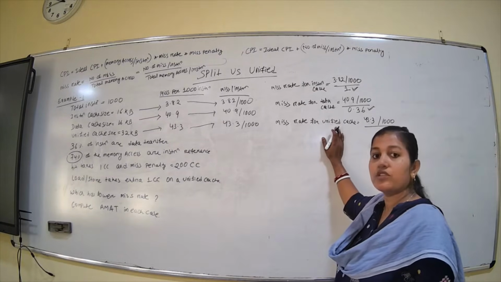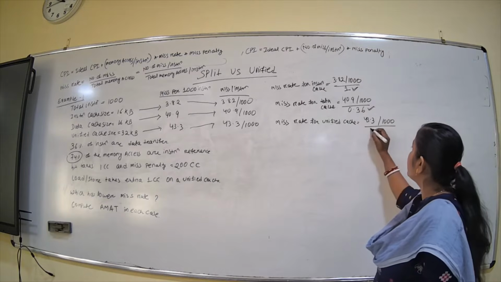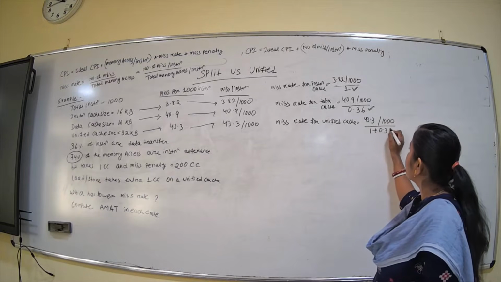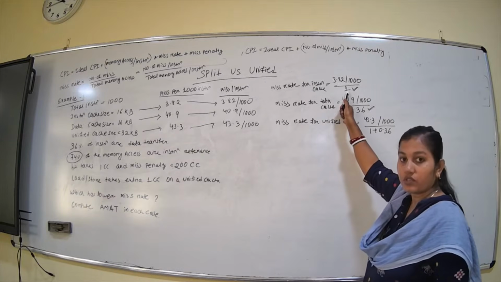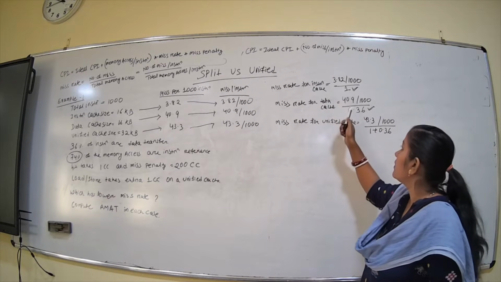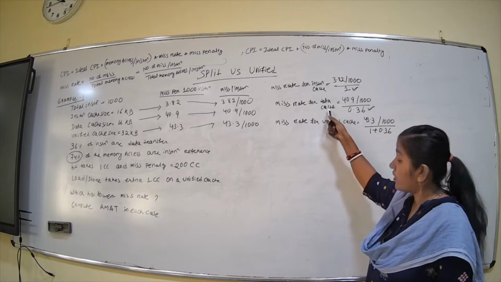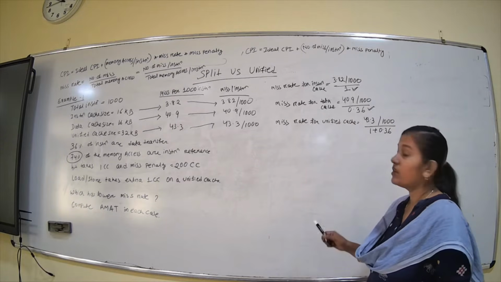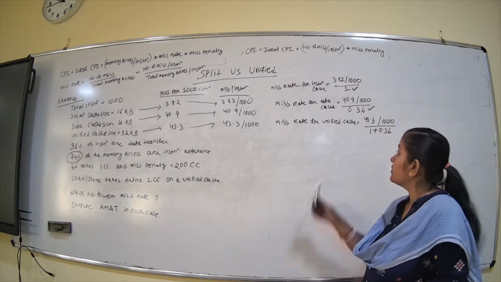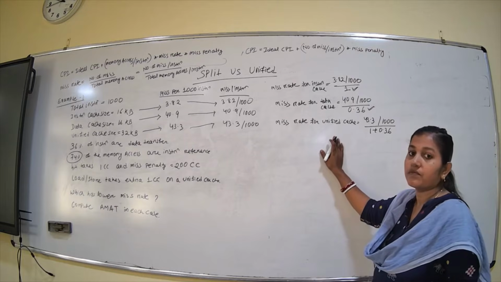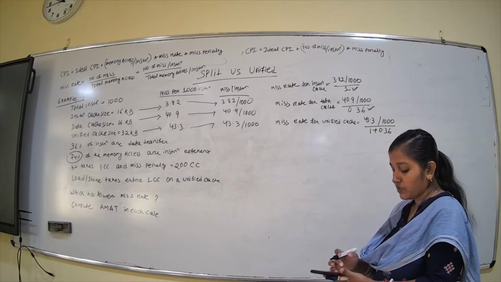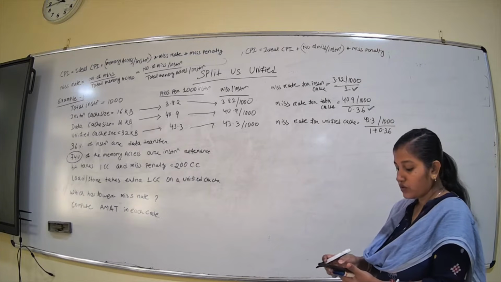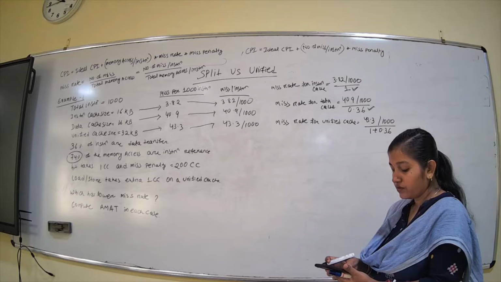This cache is for both instruction and data, so you have to add 1 plus 0.36, which is 1.36. Now just compute it, and you will see which has the lower miss rate.